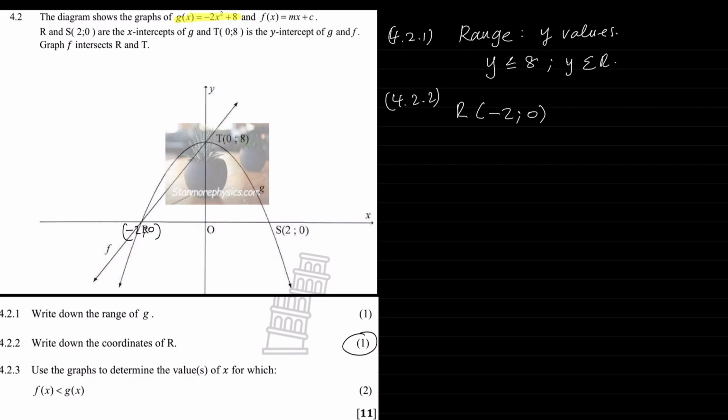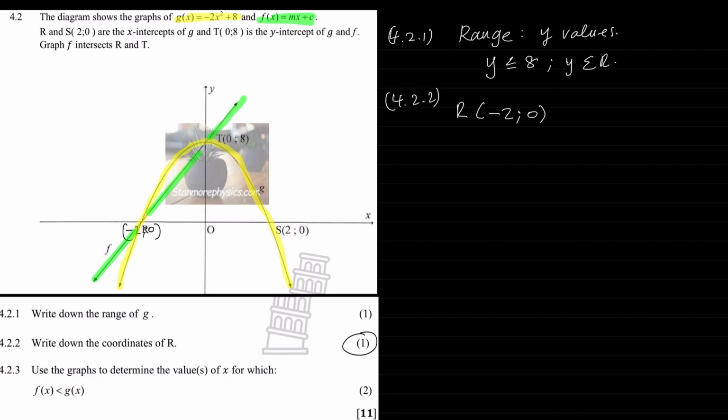So they want to know, where is the graph f of x less than g of x? Let's highlight that, right? So f of x is going to be the straight line. Let's just highlight that in green. So that one and right there.